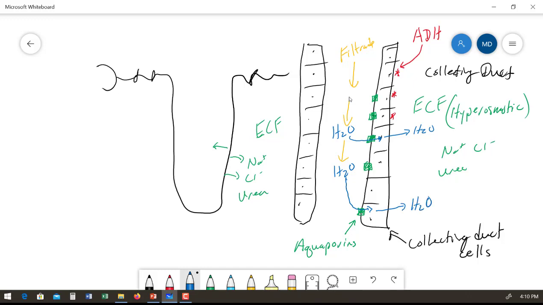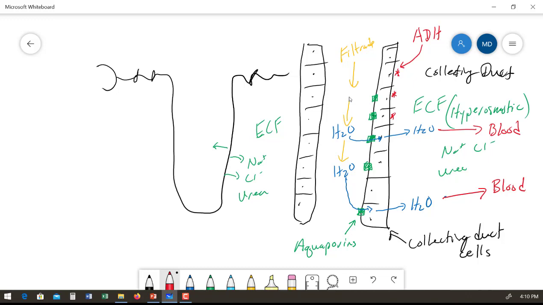Now this extra water that's coming off will eventually be picked up by the blood supply, so it's going to wind back up as part of your blood plasma once it makes its way through the extracellular fluid.